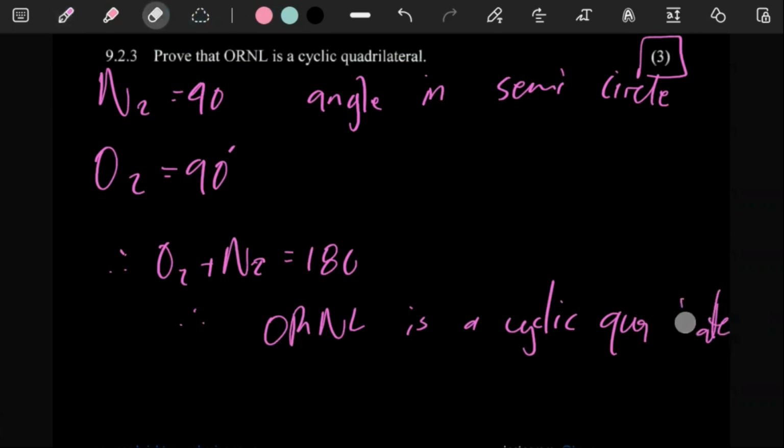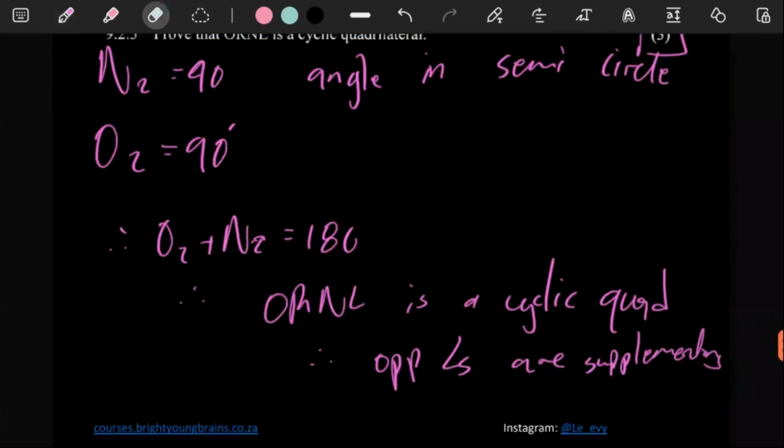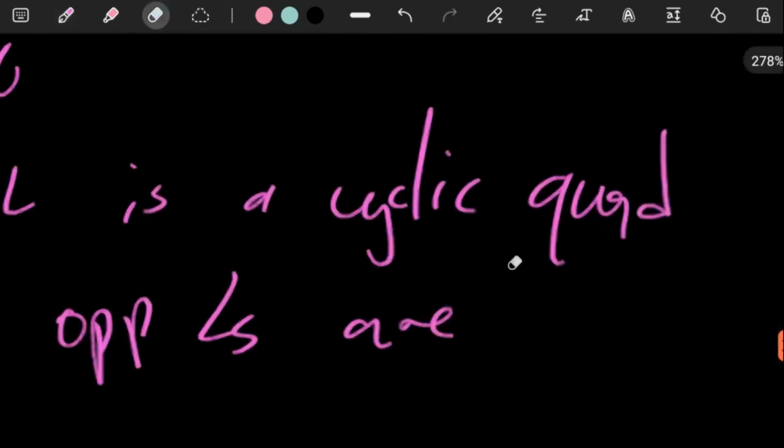This is why you should not write the full thing, you run out of space. But I should write this one nicely. Supplementary.